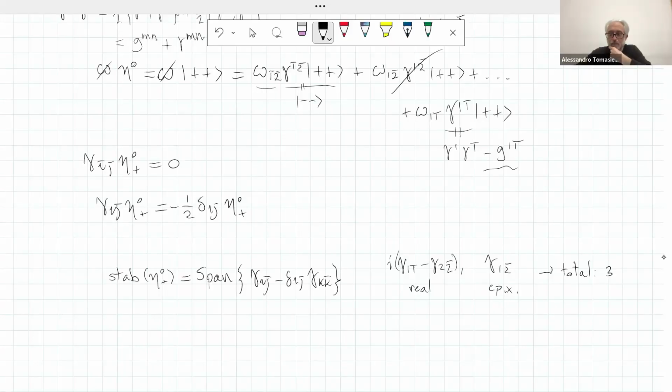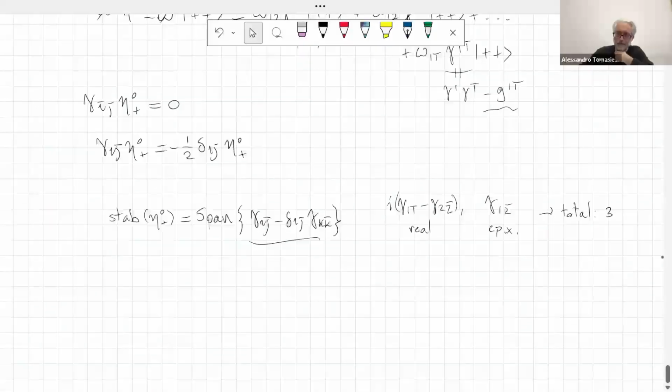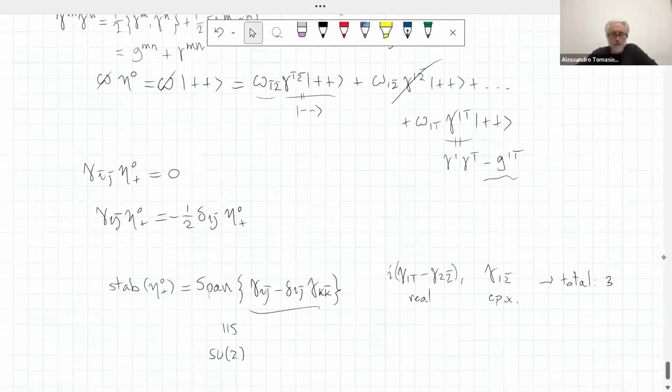What is this, the Lie algebra spanned by these guys? We can find out by taking commutators, but I'll just tell you that it is isomorphic to SU2, which is indeed 3-dimensional. You can think of it this way.